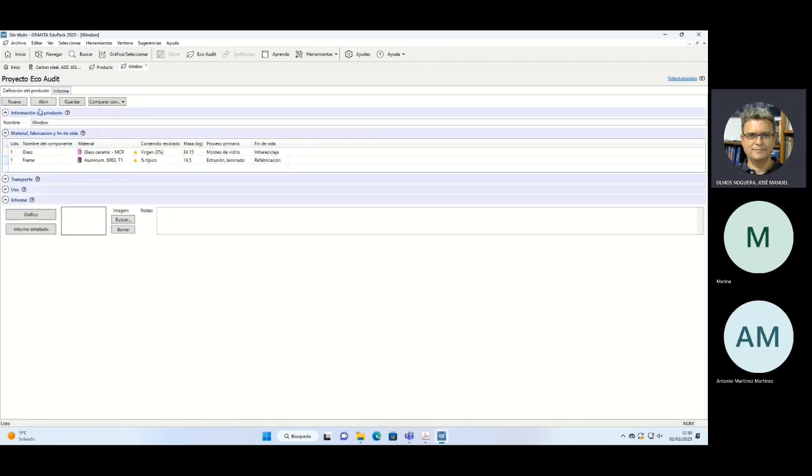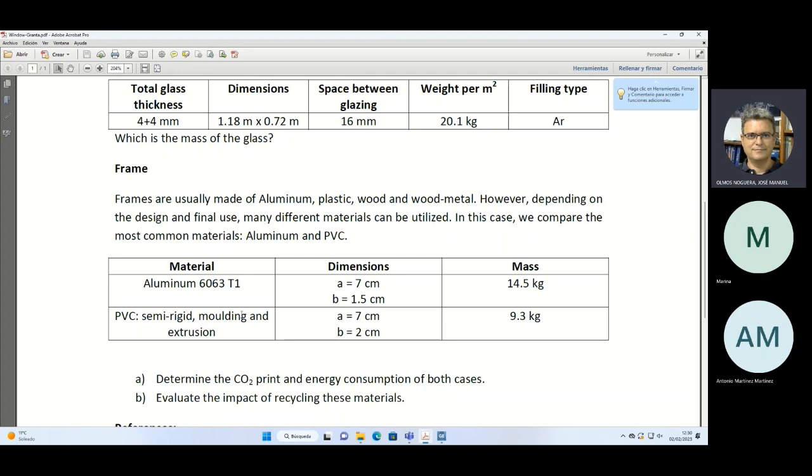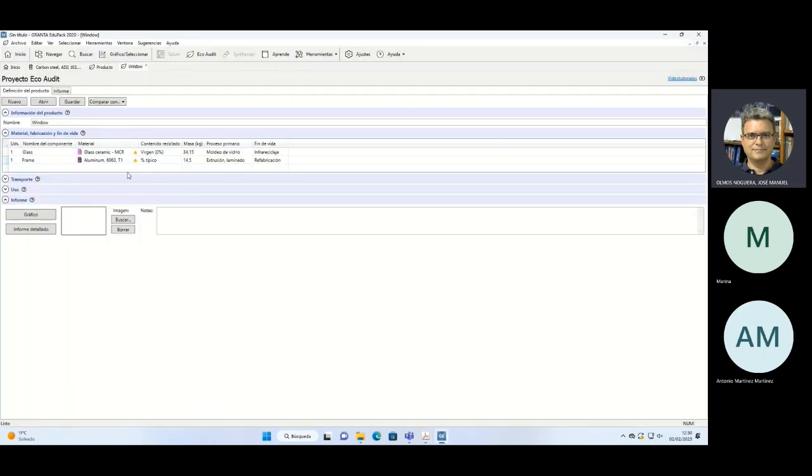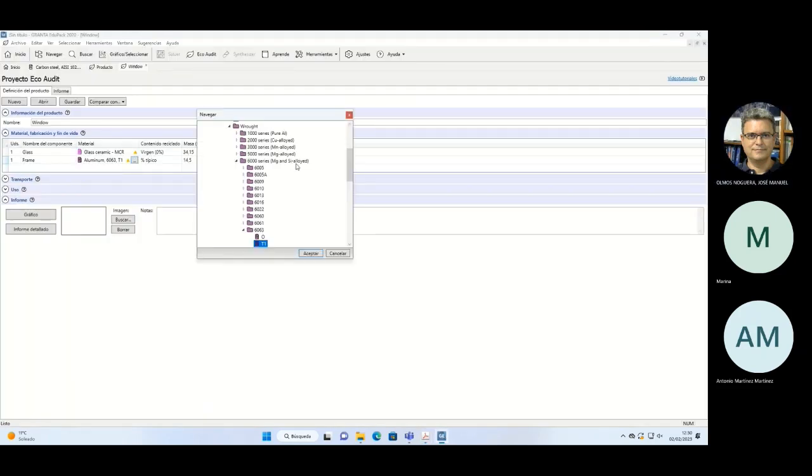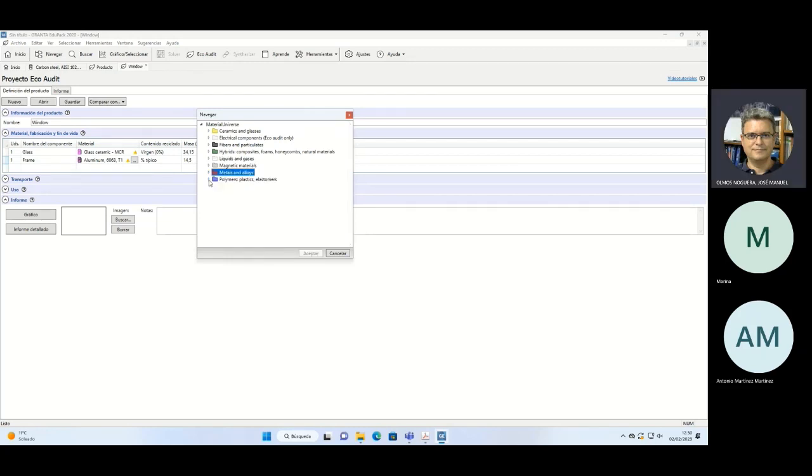Just a quick thing before you do the things. We are going to take into account the PVC, which is injection molded. We are going to try to find PVC. Where? Polymers. Elastomer or plastic? Plastics. Thermoplastic or thermoset?